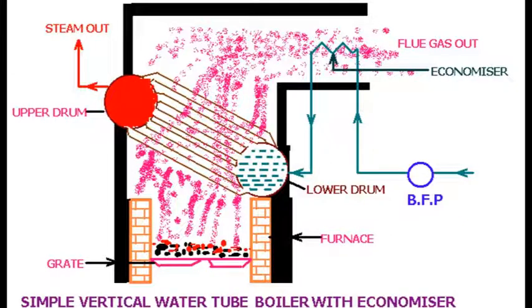But there are disadvantages also, particularly in this type of arrangement, related to scaling of the tubes, as at the initial stage the impurities in the water were quite heavy, so that creates the problem of internal scaling and sedimentation, and as a result it reduces the heat transfer rate, and tube metal gets overheated.